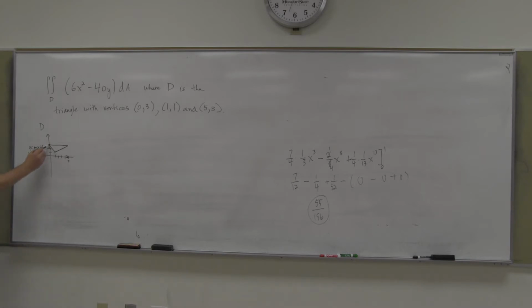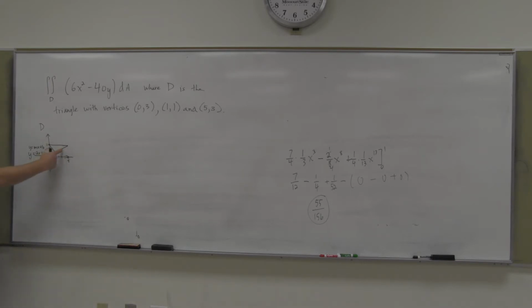Well, the b is 3. I know that. For m, I go down 2 and over 1, so -2. That was pretty nice, just had to figure out that line.